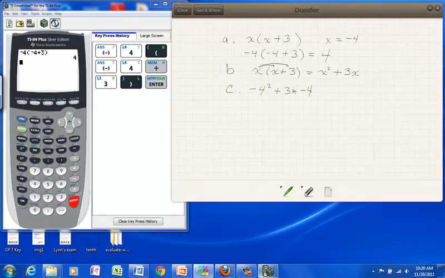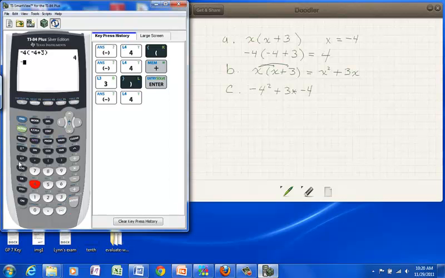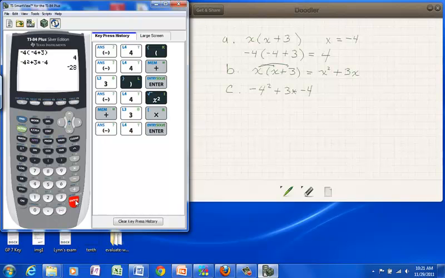And again, I'm going to evaluate this on the calculator so that I don't make any mistakes in terms of how the expression is written. And the answer I get is -28.